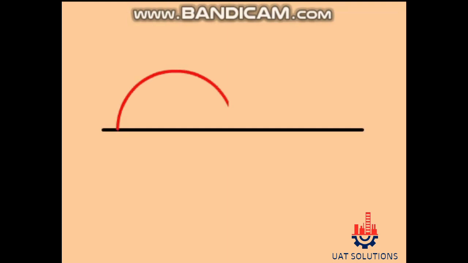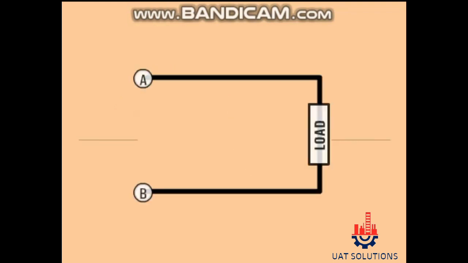To understand how diodes and SCRs are used in a rectifier circuit, we will need to examine how a diode or SCR placed in an electrical circuit acts on an alternating current sine wave. In a simple circuit, during the positive alternation or first half cycle of the AC sine wave, A is positive and B is negative, allowing the positive alternation of the AC sine wave to pass through the circuit.